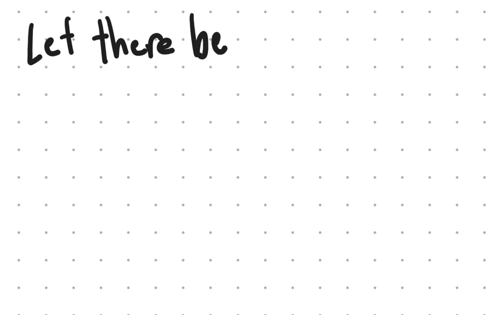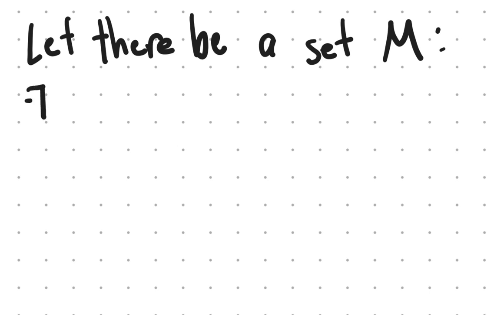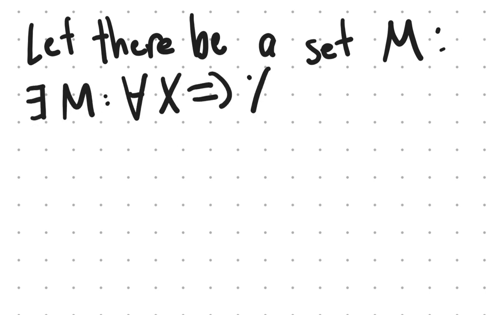So let's say there be a set M such that there exists a set M such that for all x, x is an element of M, or x is a subset of M. Now, if we have this, we can have a small trick here.